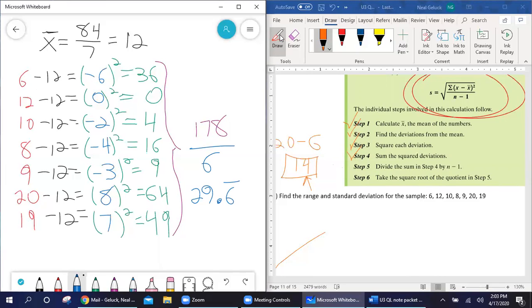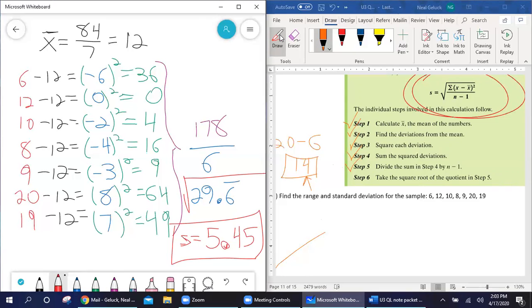Don't round it, just call it 29.6. And the very last step is to take the square root of that number. So in your calculator, square root that number, and we're going to take it to 2 decimal places. You should get the standard deviation, which is just a lowercase s. The standard deviation is about 5.45.